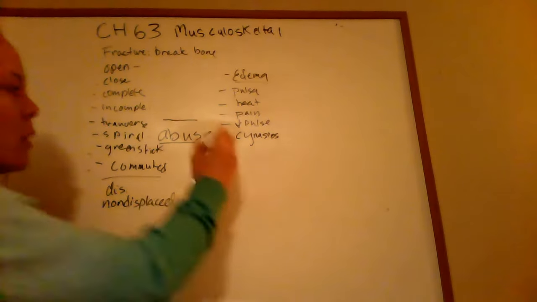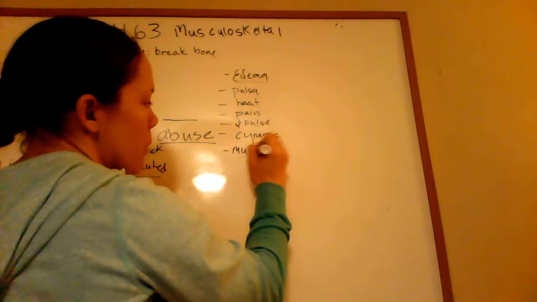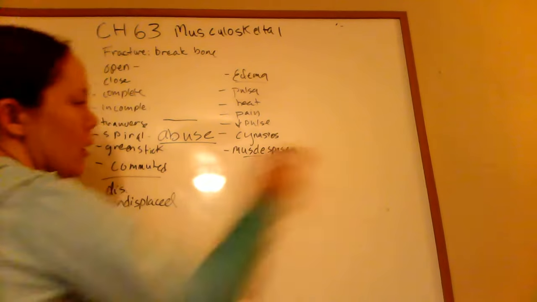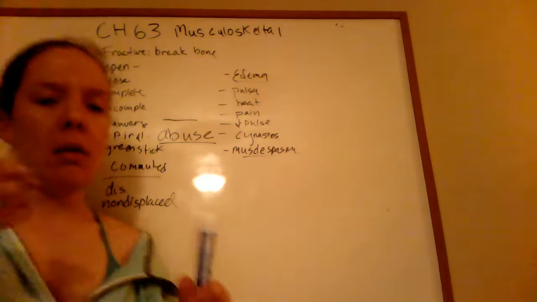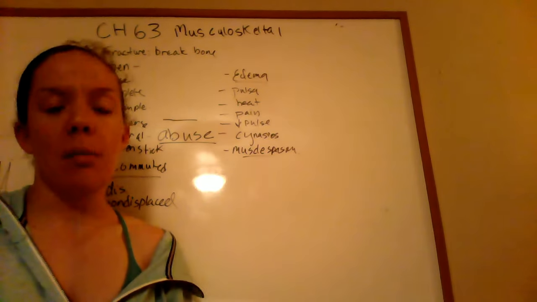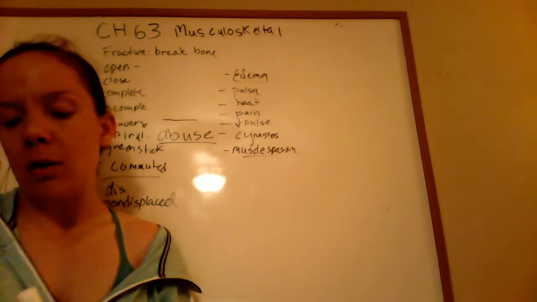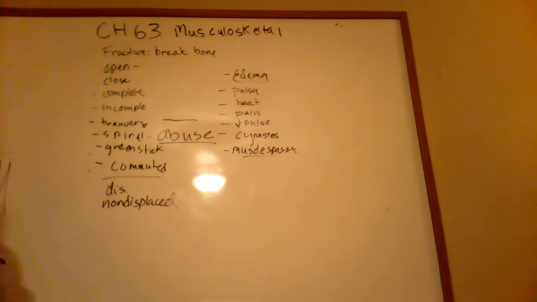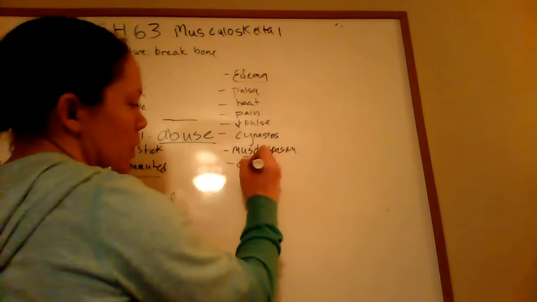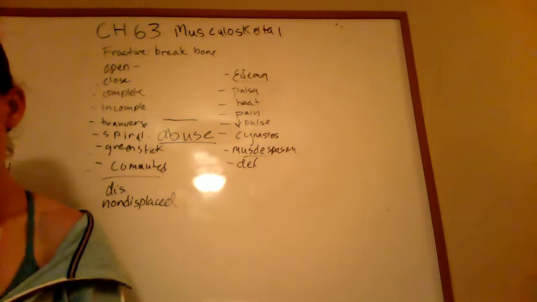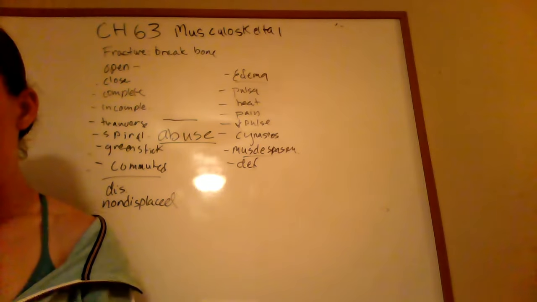Muscle spasm is one that you might not think of, but muscle spasms, where the body is reacting, are uncontrollable, involuntary, and caused by the irritation of that. Deformities are the other one, so that's really obvious. If the bone is bent a certain way and it's not supposed to be bent that way, then that's an obvious issue.